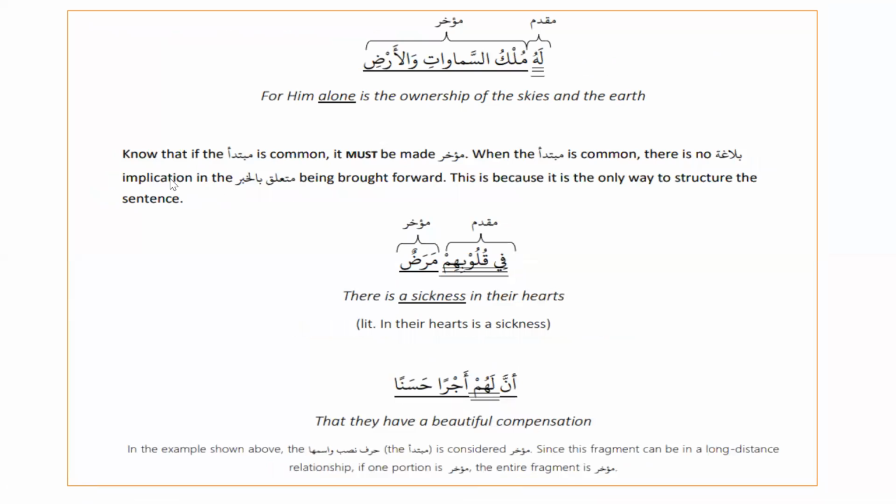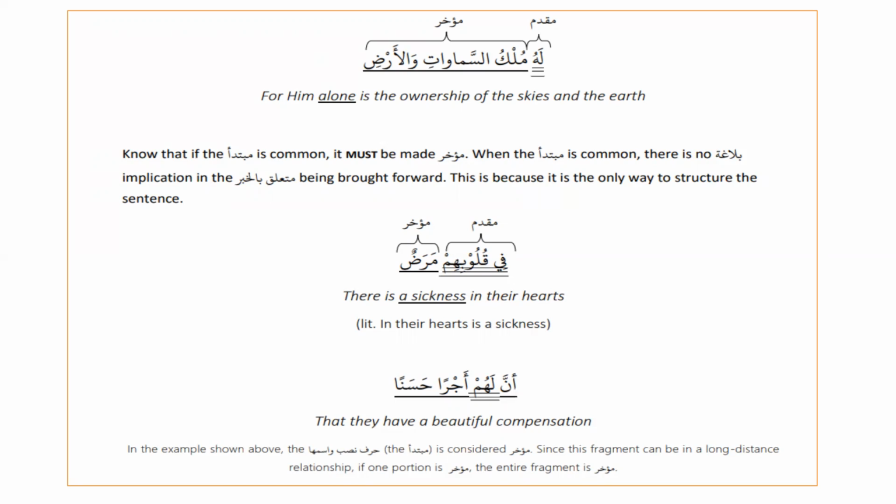Know that if the mubtada is common, it must be made muakhar. This is a grammar rule. If anywhere in any sentence we have a mubtada which is common, nakira, it must be made muakhar.